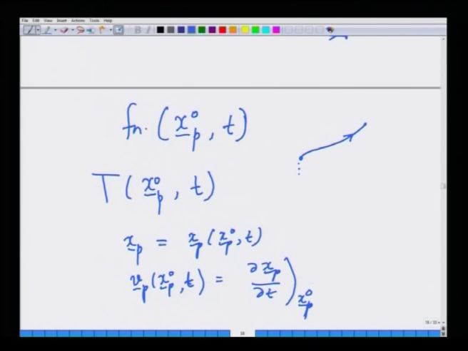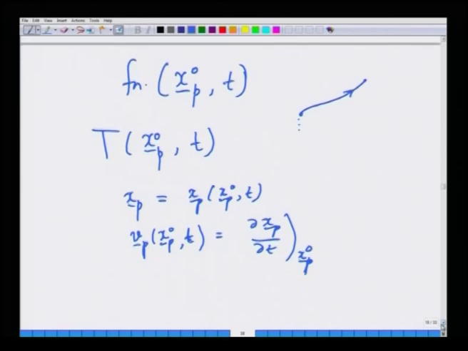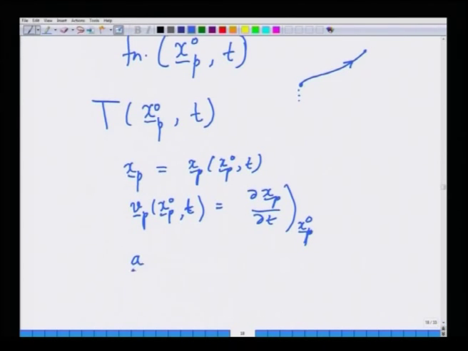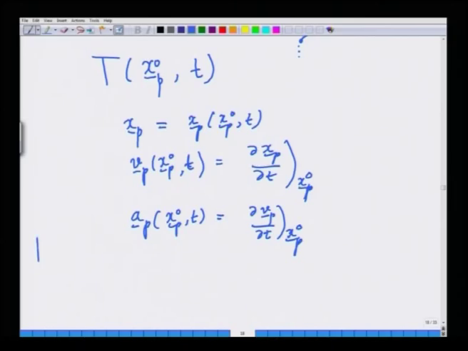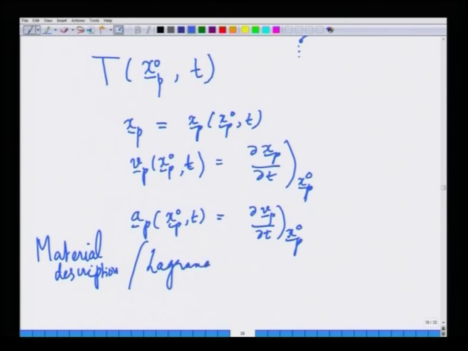Now, the acceleration of a particle is nothing but the rate of change of its velocity, keeping the same particle. Such a description is also sometimes called the material description, or the Lagrangian description.